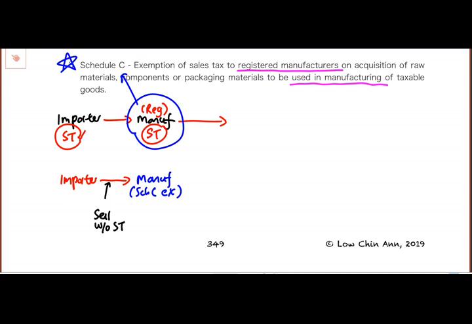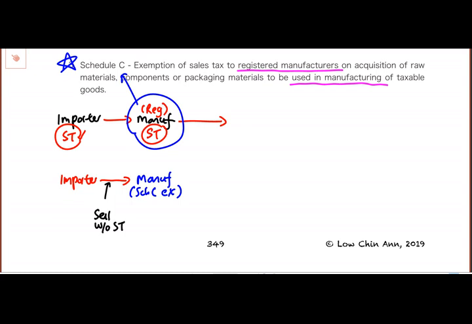So they can buy without sales tax. So when they buy without sales tax, then the things that they are buying, the 10 ringgit just now, the 1 ringgit sales tax disappeared. So the sales tax element is taken out. Then we don't have to multi-layer the sales tax again and again and compound it.